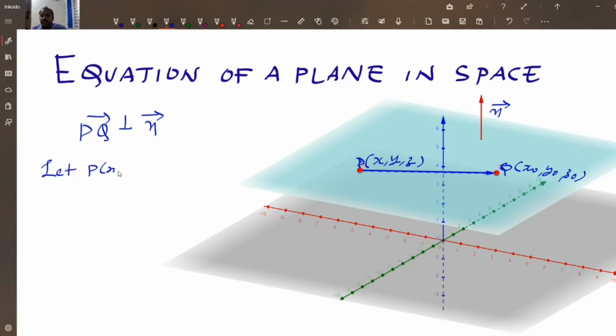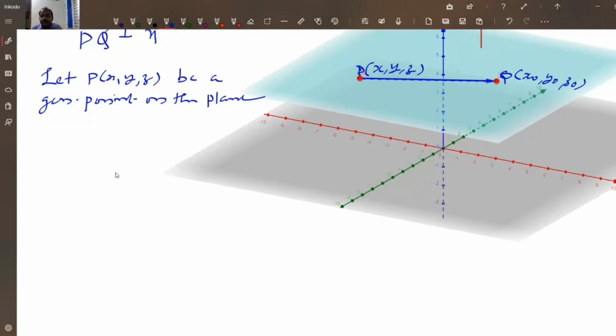So our assumption is this: let P, x, y, z be a general point on the plane. And Q, x naught, y naught, z naught is a given point on the plane.